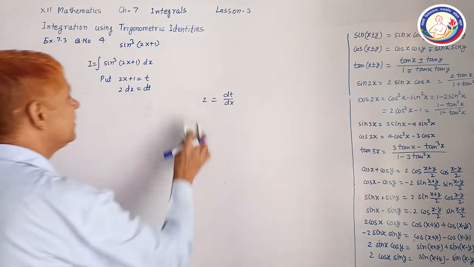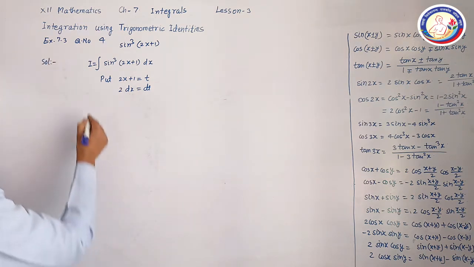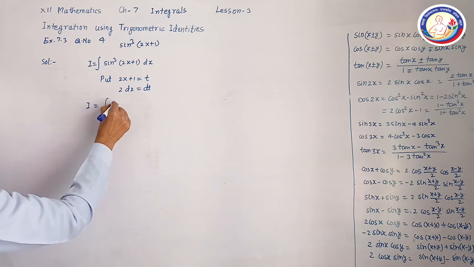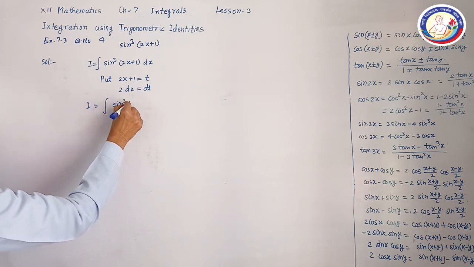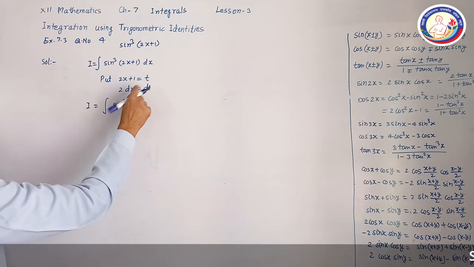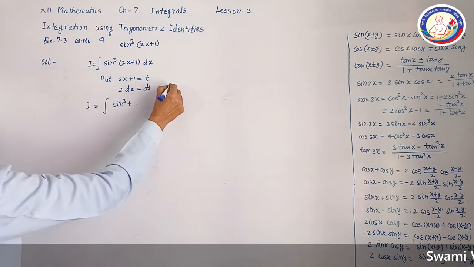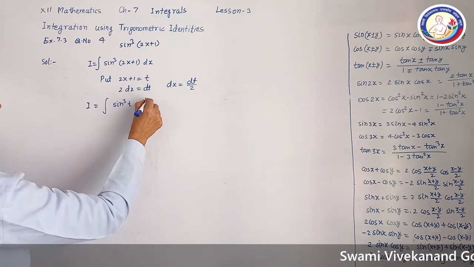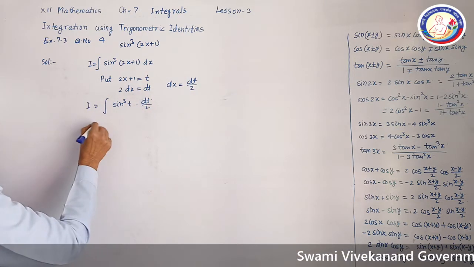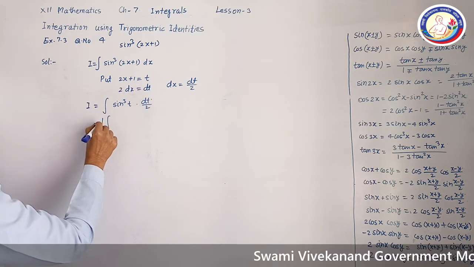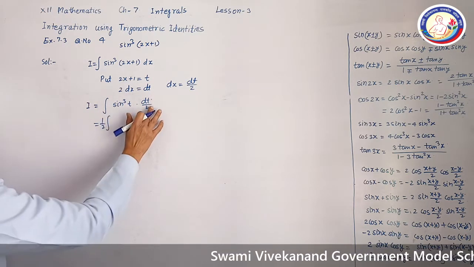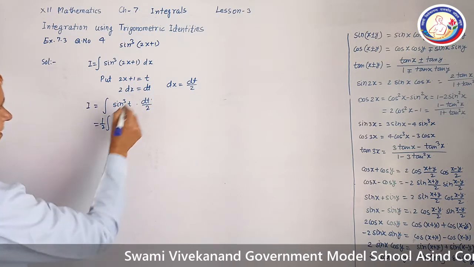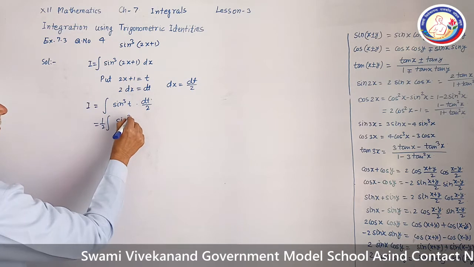Now substitute this in the given integral. I will be equal to the integral of sine cube t, and dx will be dt by 2. So on simplification we shall get 1 upon 2, that is a constant, take it outside the integrand, and it is sine cube t dt.